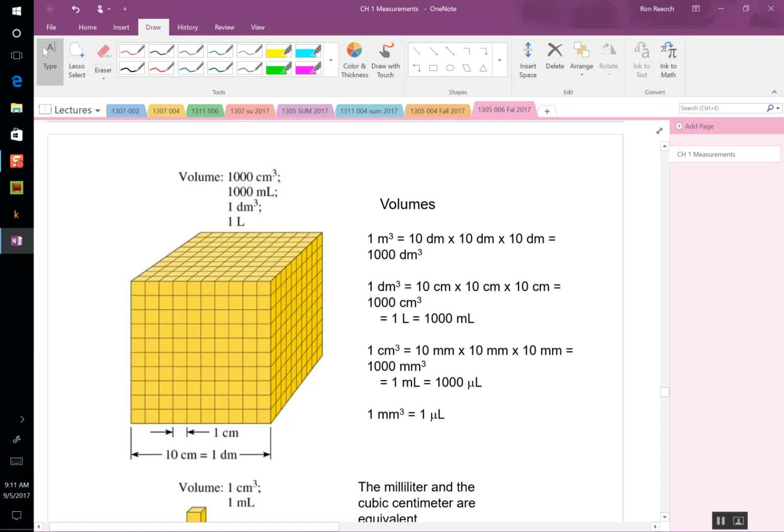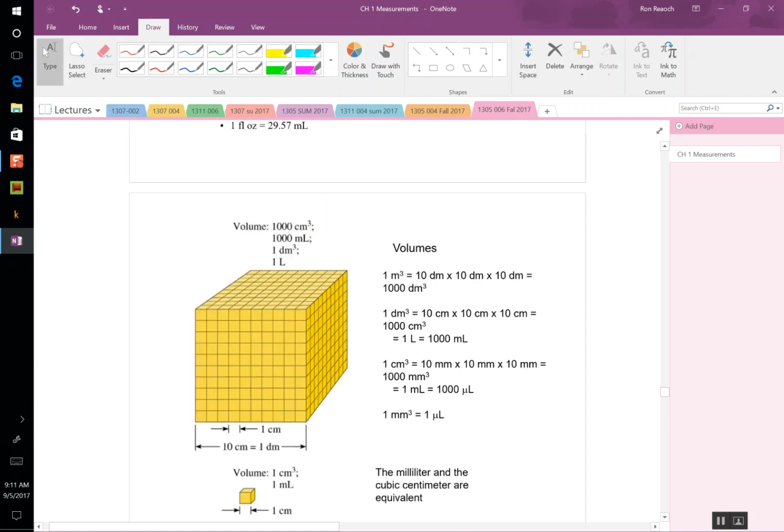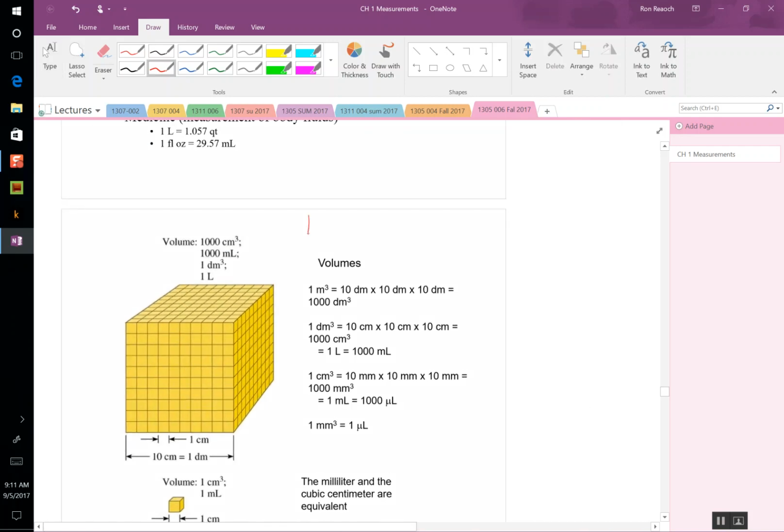So if you take 10 centimeters times 10 centimeters times 10 centimeters, 10 times 10 times 10 is 1,000. Centimeter times centimeter times centimeter is cubic centimeters. It's 1,000 cubic centimeters. So 1 liter equals 1,000 cubic centimeters.